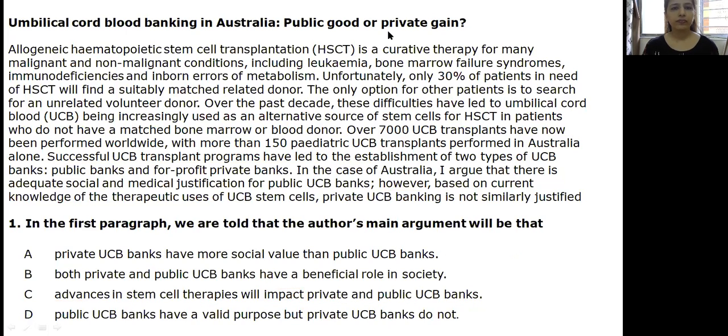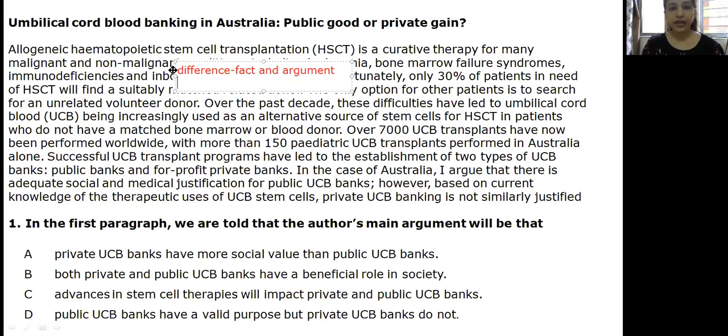So what did we learn is we first find out the difference between the fact and argument or opinion. Then we find out whether the argument or opinion is in favor, is it against, or sometimes it could be neutral.